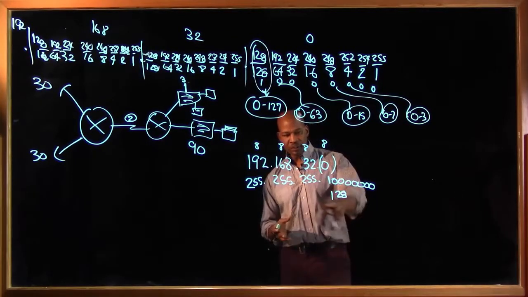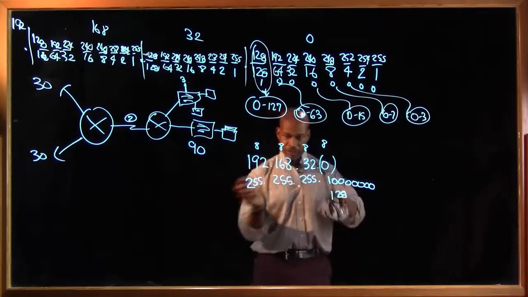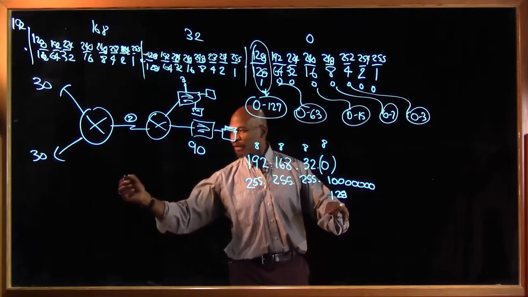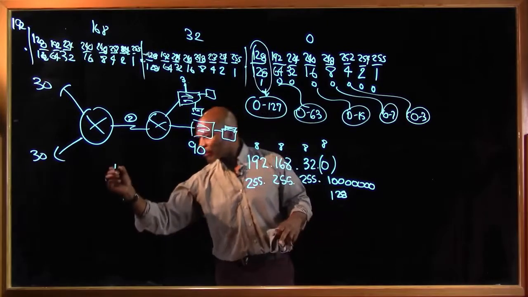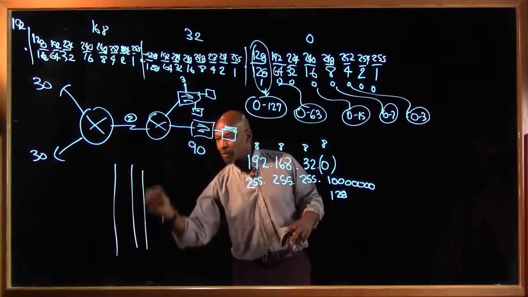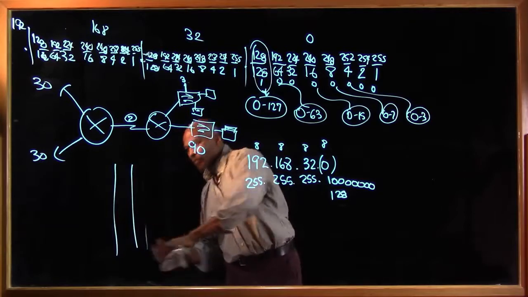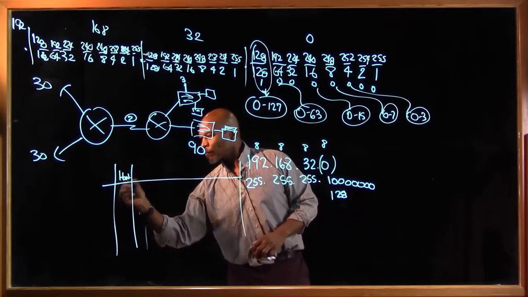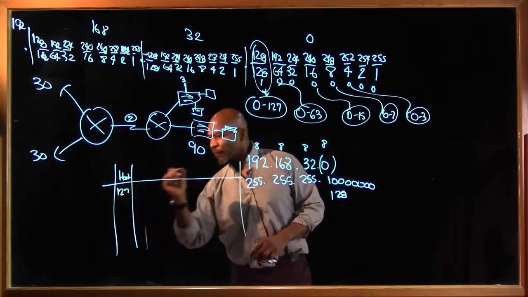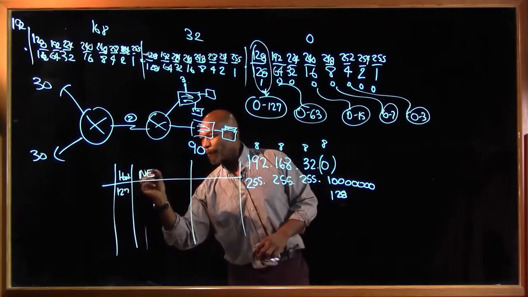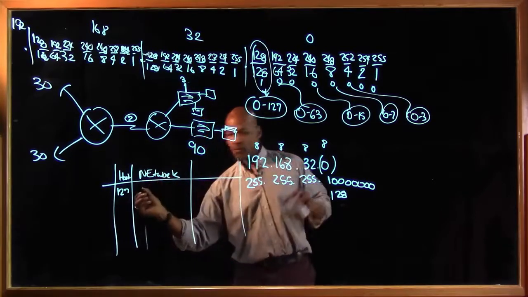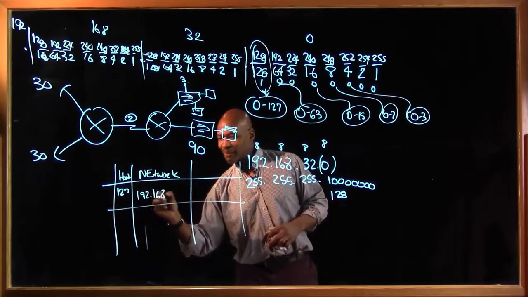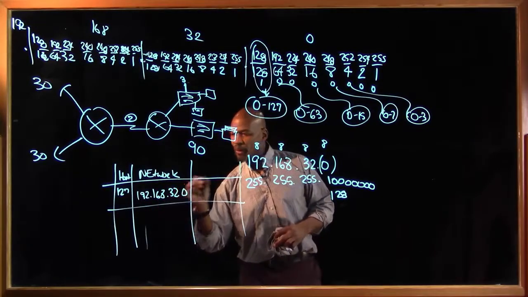So what does this give us? This number here with the 128 and the subnet mask gives us an IP address range of this. Host, 127. Network: the network number is 192.168.32.0.